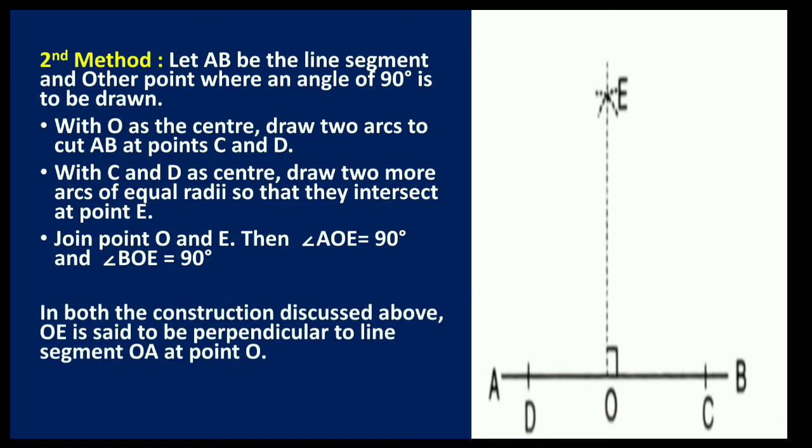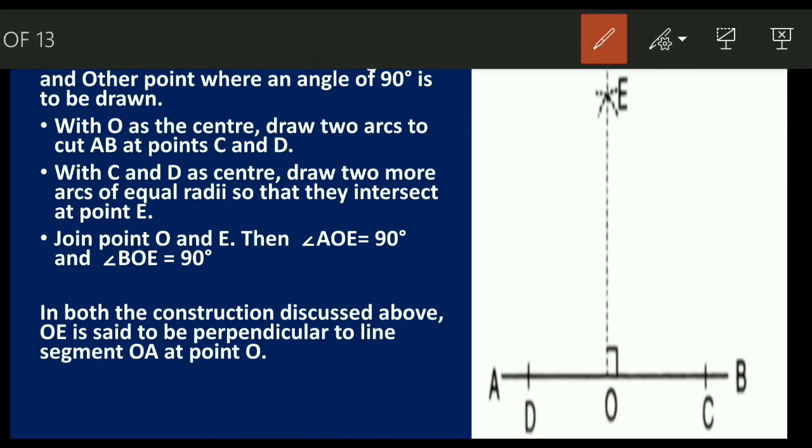So in both the constructions discussed above, OE is said to be perpendicular to the segment OA at point O. Now let's see how to draw this 90 degree.